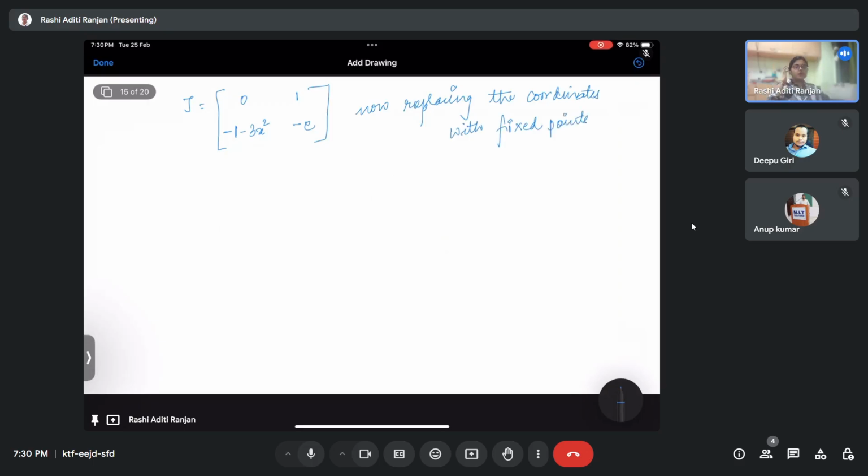So what is my fixed point? Nothing but 0, 0. So my Jacobian matrix will become 0, 1, minus 1, minus e. Simple. Now we have to find the eigenvalues, for which what do we have to do? We have to find J minus lambda I. The determinant should be equal to 0.